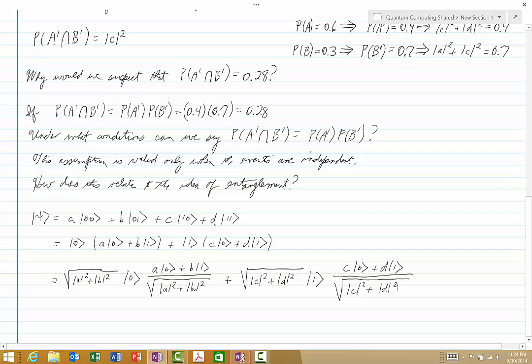The probability that she will measure a 1 is simply this squared. The probability that Bob will measure a 0, given that Alice measures a 0, is a over the square root of magnitude of a squared plus magnitude of b squared, quantity squared, and so on.